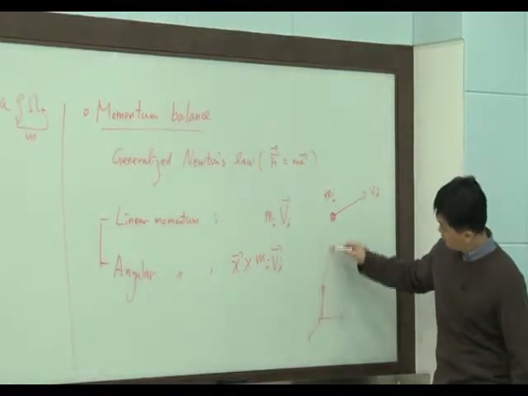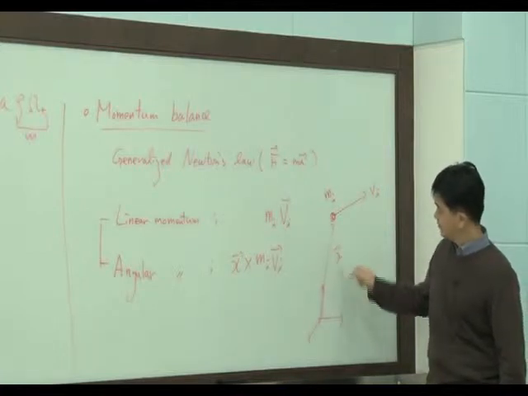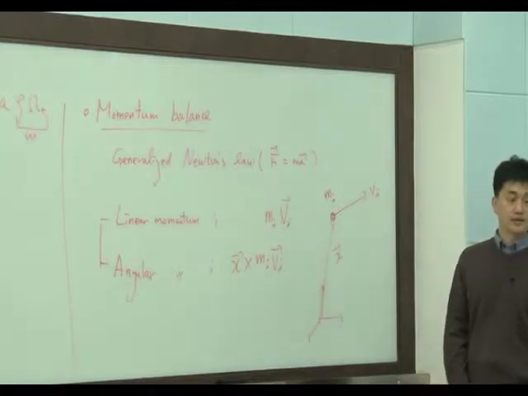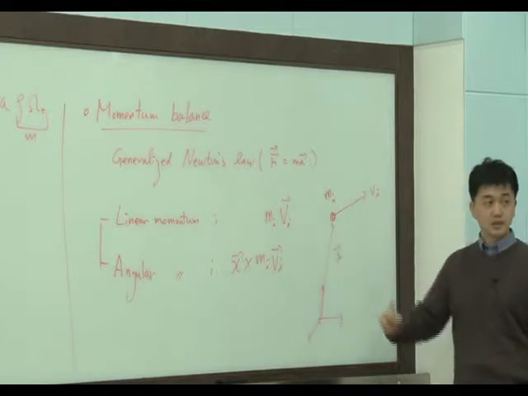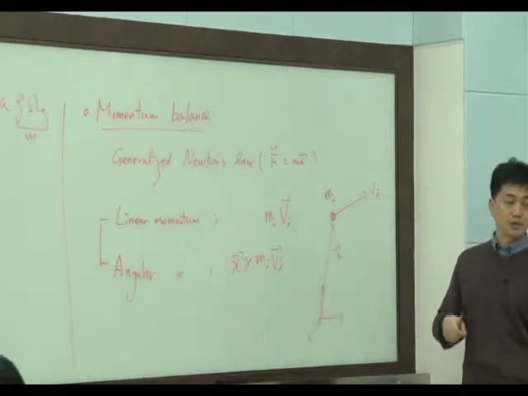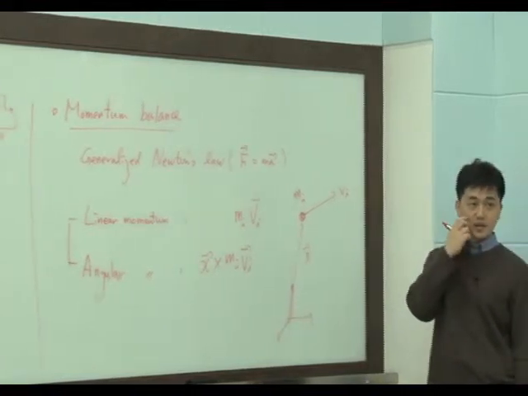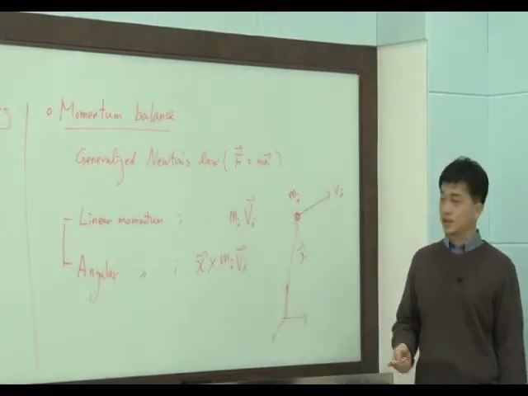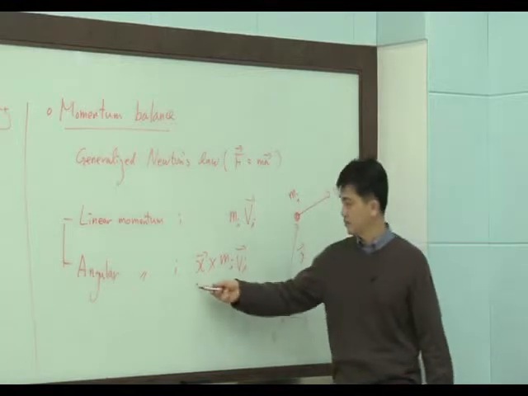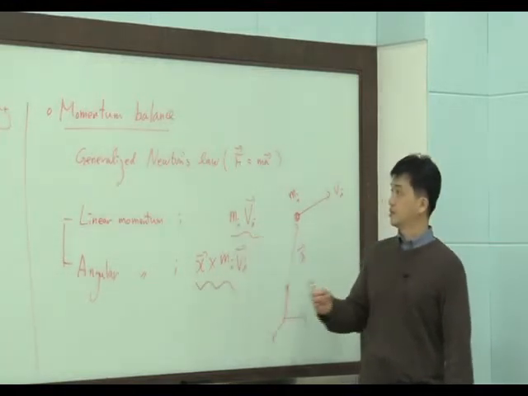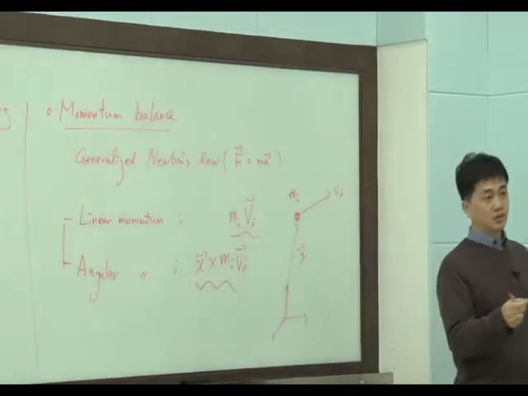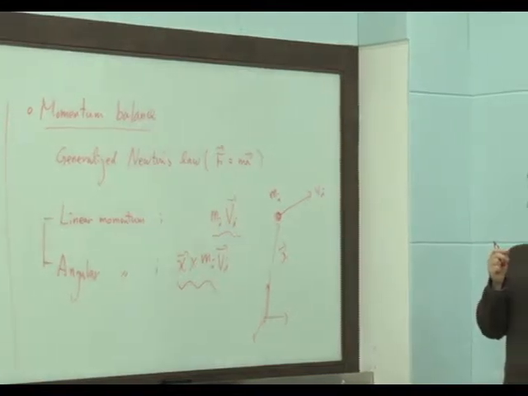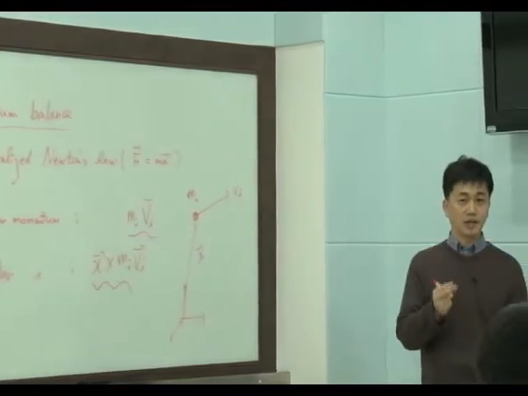So each position is x. If I multiply its position with the vector product, we can calculate angular momentum. So there are two momenta, linear momentum and angular momentum.